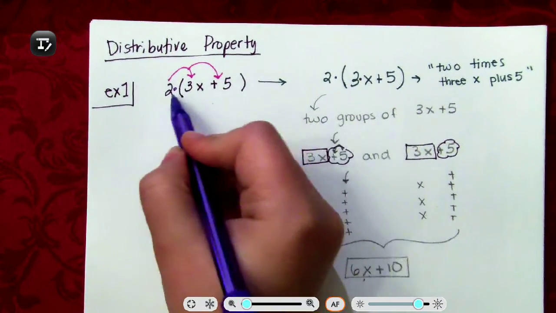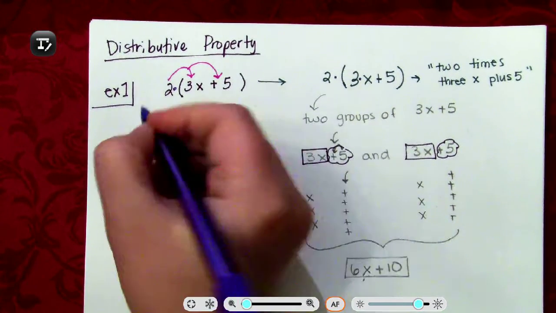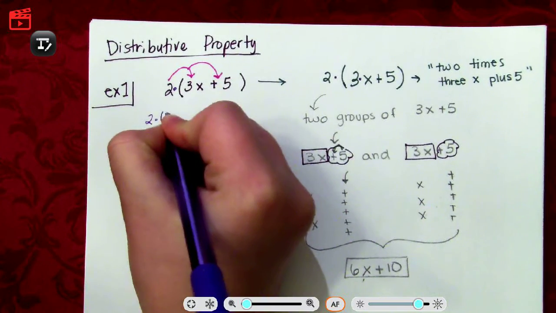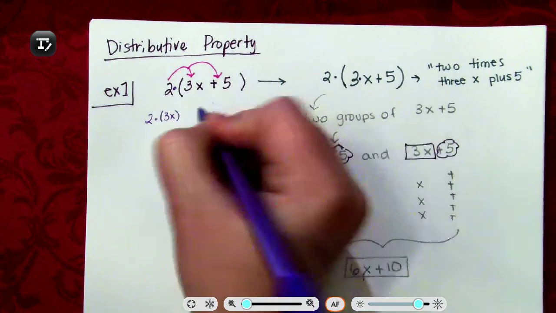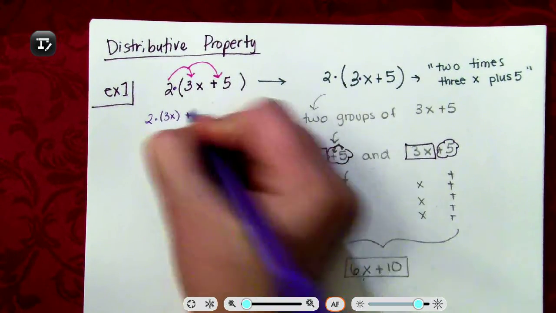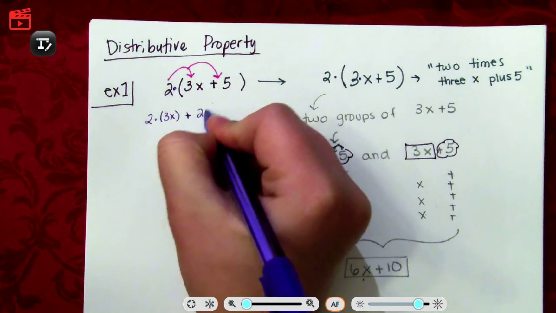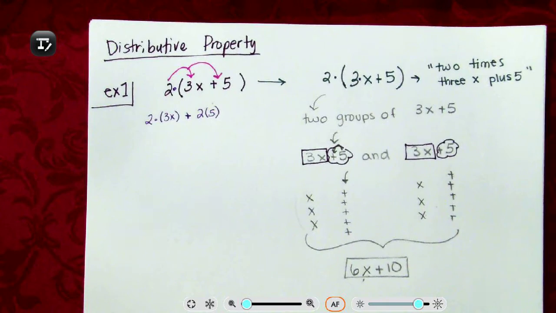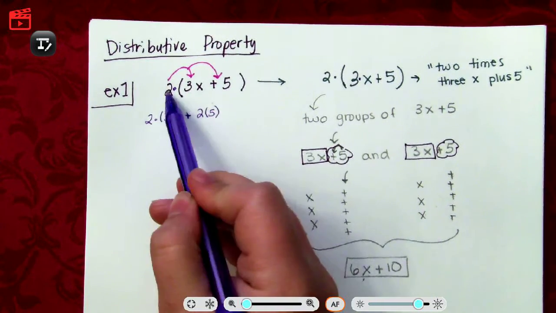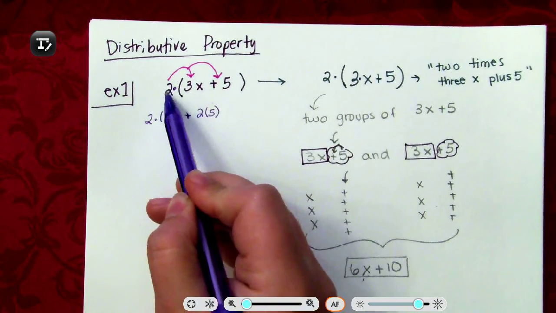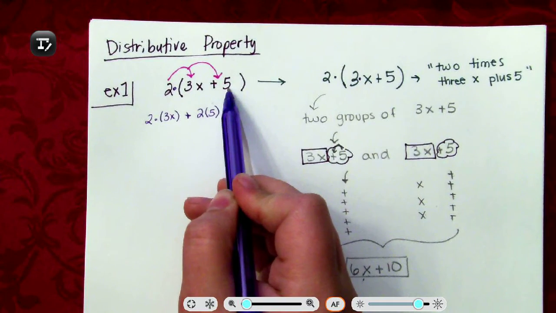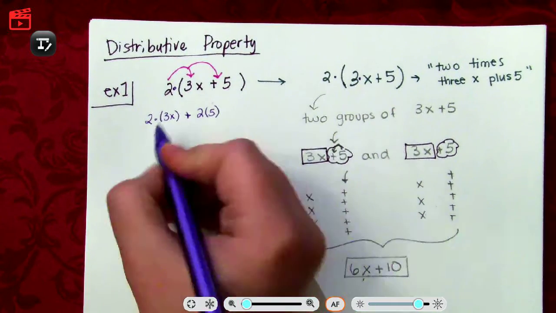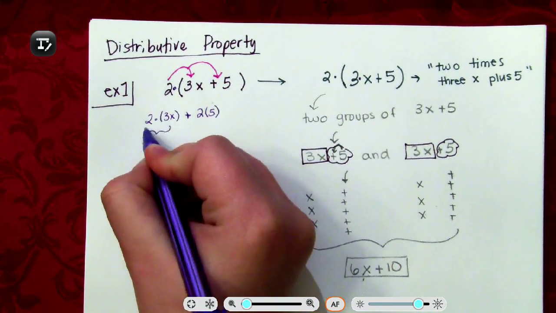So you're saying 2 times 3x, and, remember, plus is and, 2 times 5. Again, 2 times 3x, 2 times positive 5. So then, what's 2 times 3x?